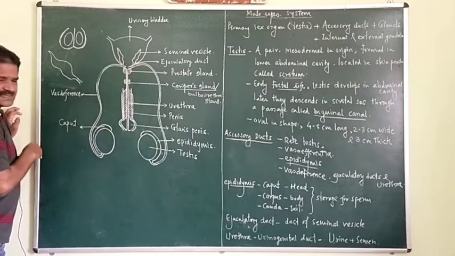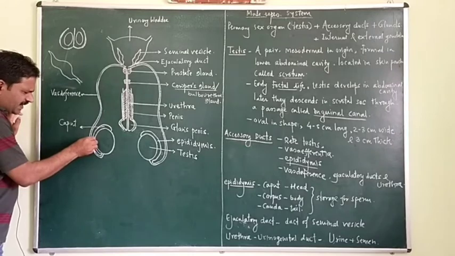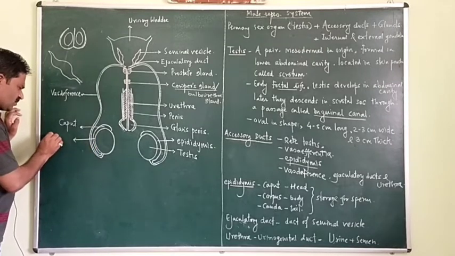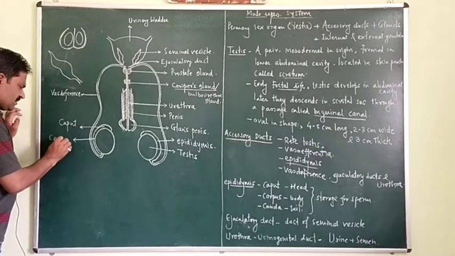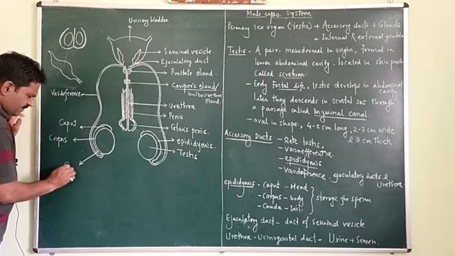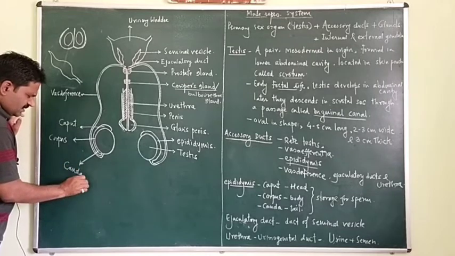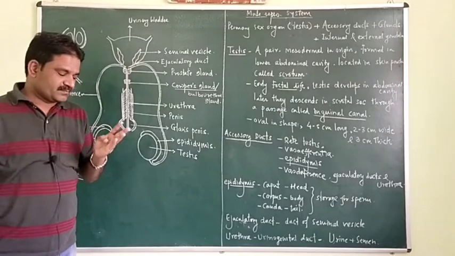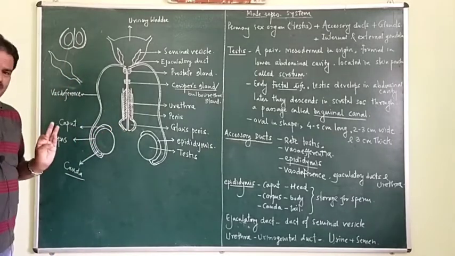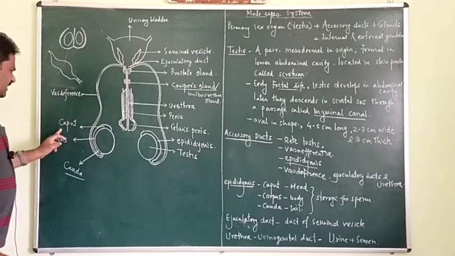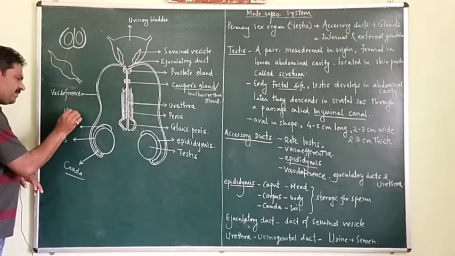The middle part of the epididymis is called the corpus, and the lower part is called the cauda. So the epididymis is divided into three parts: caput epididymis, corpus epididymis, cauda epididymis. Caput is the head of the epididymis.